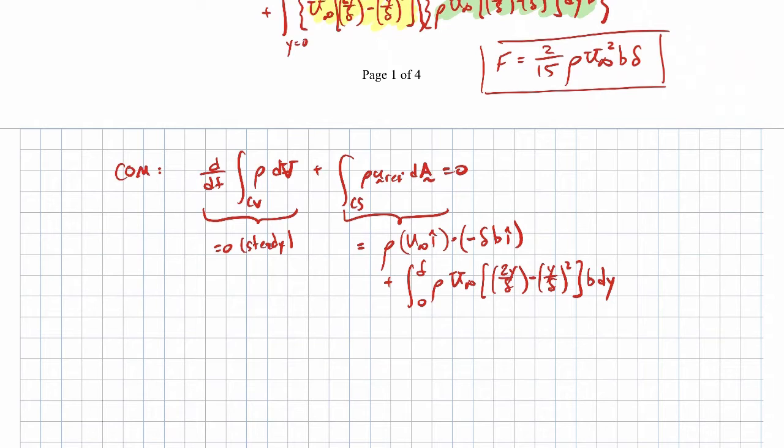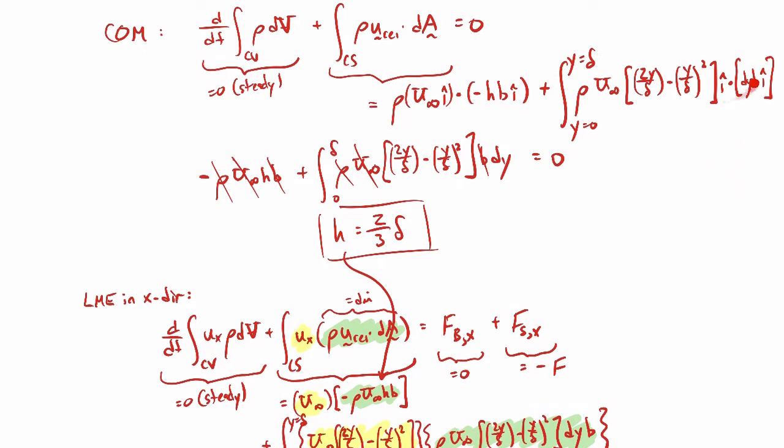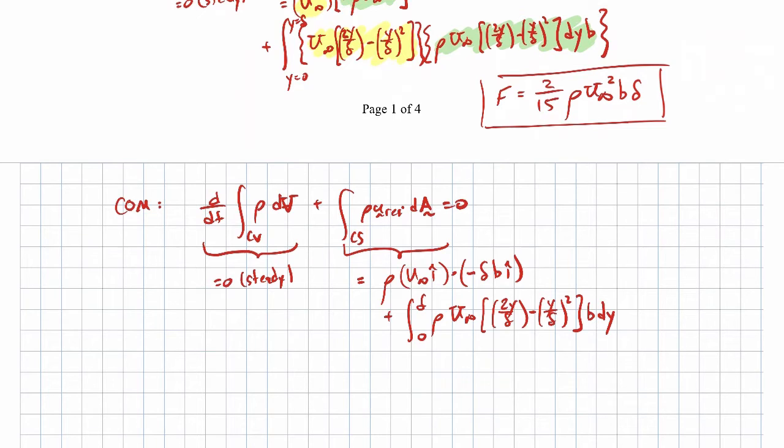So that is what's happening on the right-hand side, if I've done all that correctly. Again, this is exactly the same as what we did up here. Okay. And then there's one last term now, the mass flow rate going out through the top.